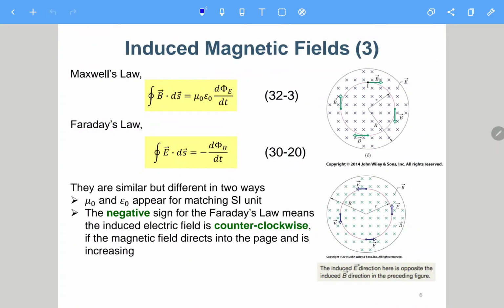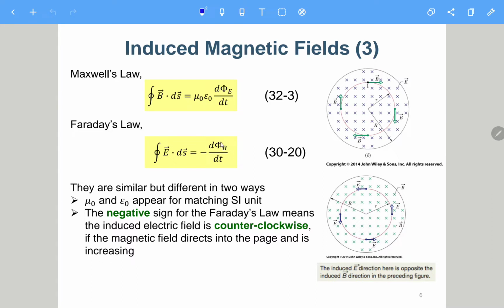Okay. So here you try to compare this so-called Maxwell's law with Faraday's law. So here we have changing electric flux. It will generate a magnetic field. And here we have changing magnetic flux.